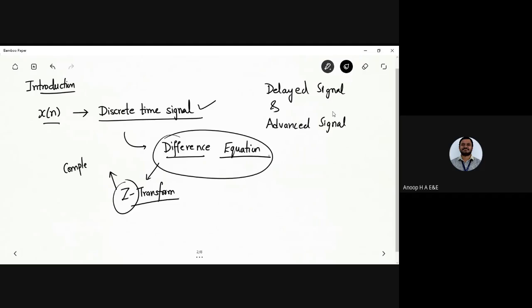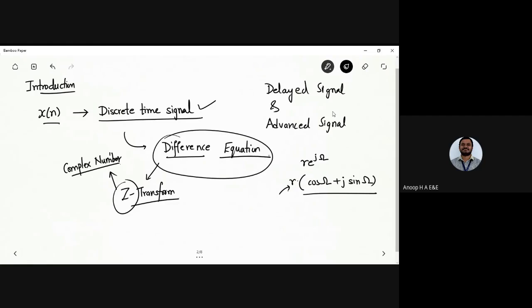This complex number I can represent in the exponential form as r e power j omega, that is r cos omega plus j sine omega, in terms of the a plus jb form.